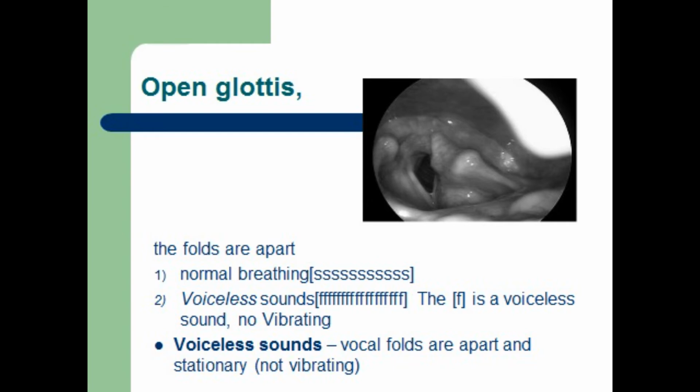This is the place of normal breathing, the normal place for the vocal folds to be apart in the process of breathing. Number two, when we produce voiceless sounds, the voiceless speech sounds are produced in this state in which the vocal folds are open.